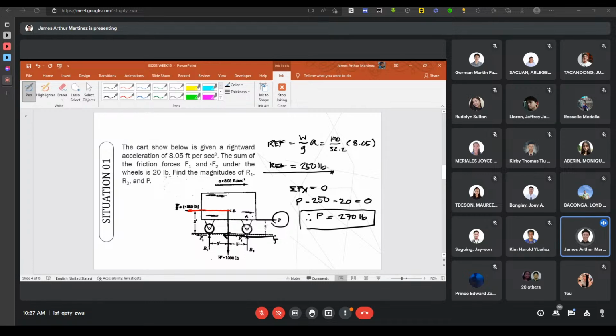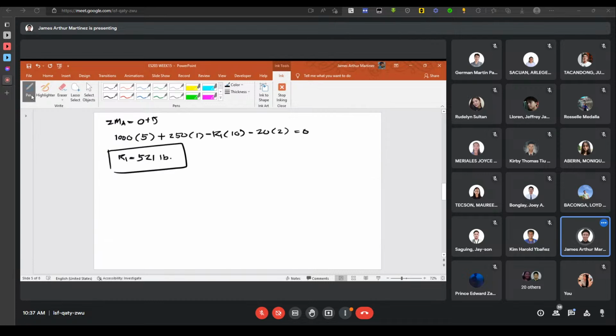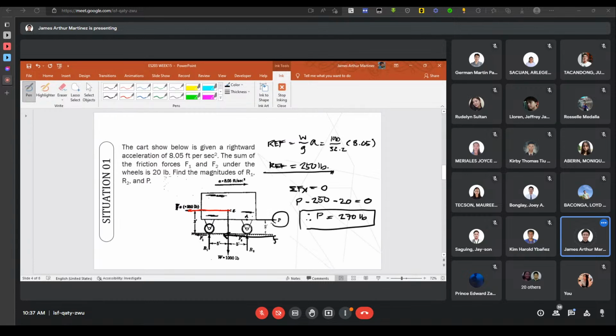So in our problem, situation 1, only one unknown is left: R2. But remember that on the y-axis, R2 is present. R1 is obtained already, so if we sum the forces on the y-axis, we can compute R2.